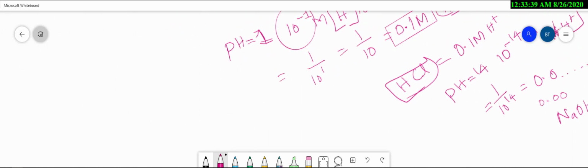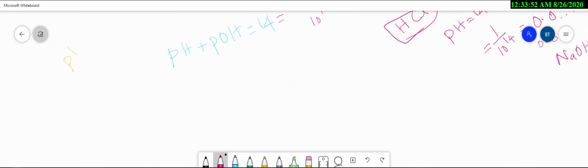Similarly for pOH also, I told you that pH plus pOH is equal to 14, right? Then if the pH value is 1, the pOH will be 13. That gives rise to 14.